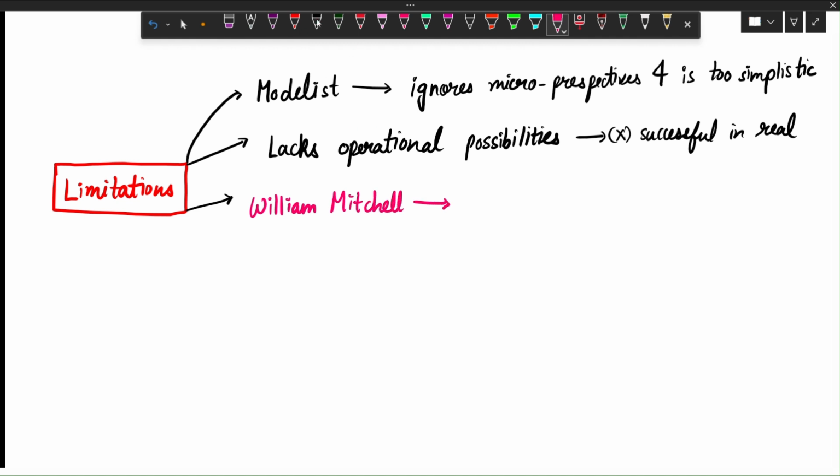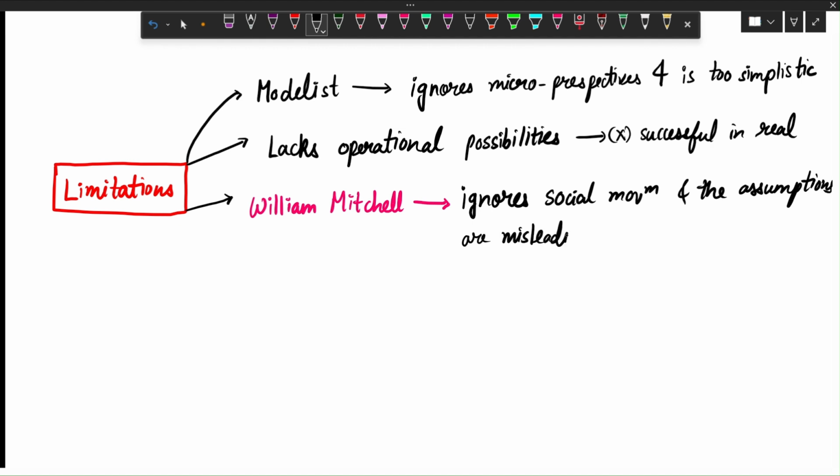The next critique is that it lacks operational possibilities in the real world, and it is not successful in the real world. You would not see many examples in the real world.